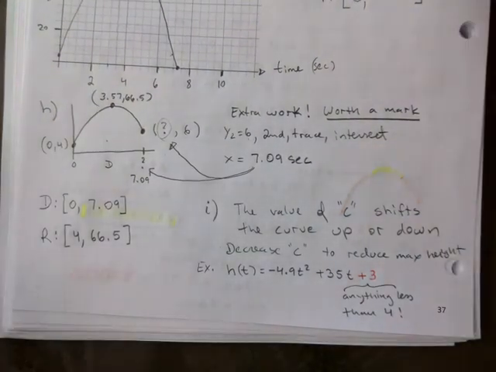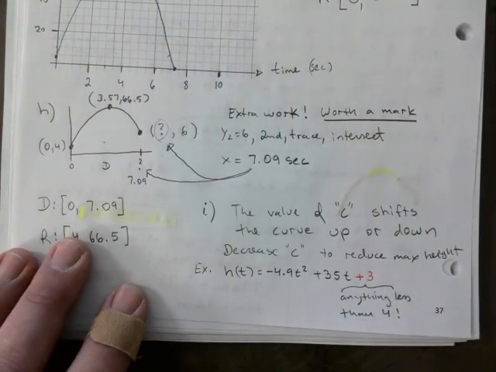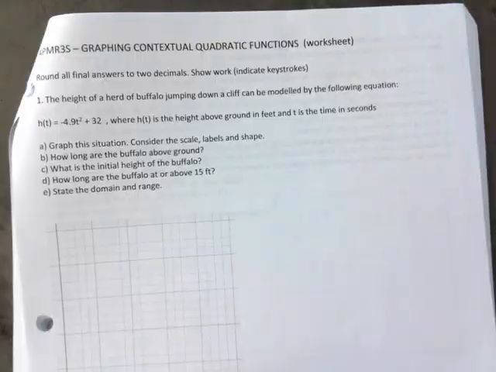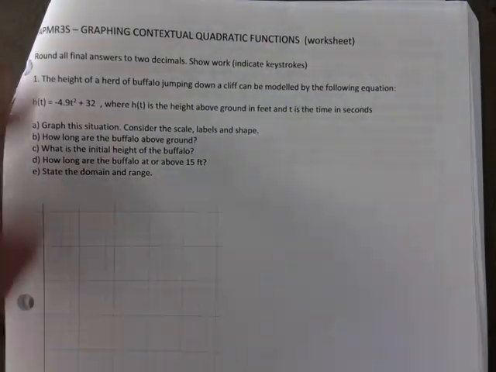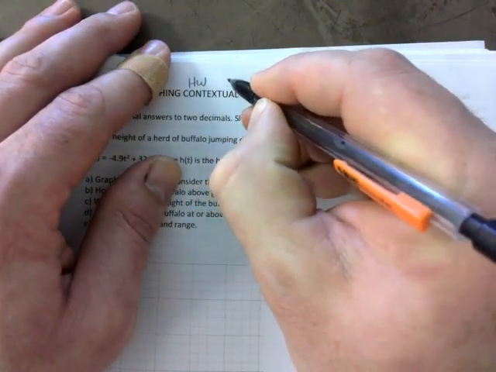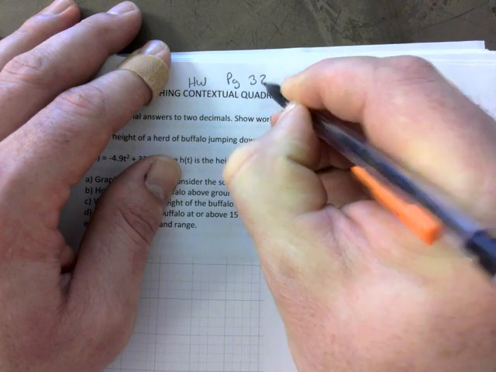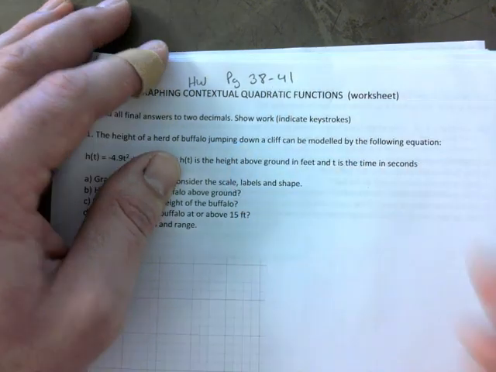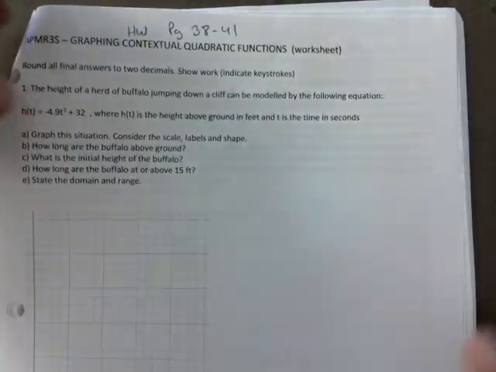So there you go. So this is your homework. Go to the next page there. 38 to 41. And it's literally 3 questions.